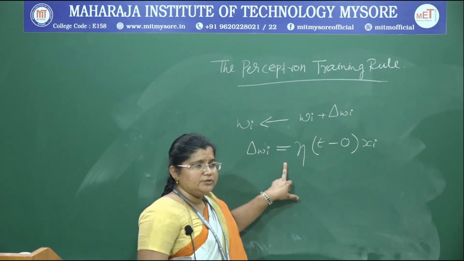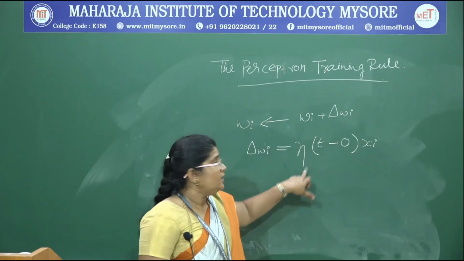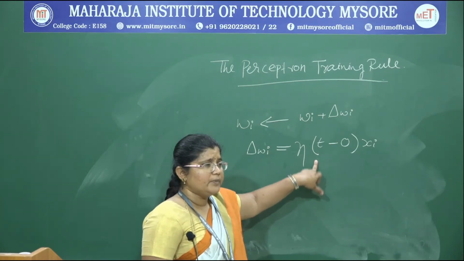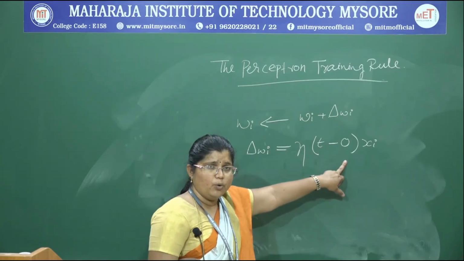Delta Wi is equal to nu times (T minus O).